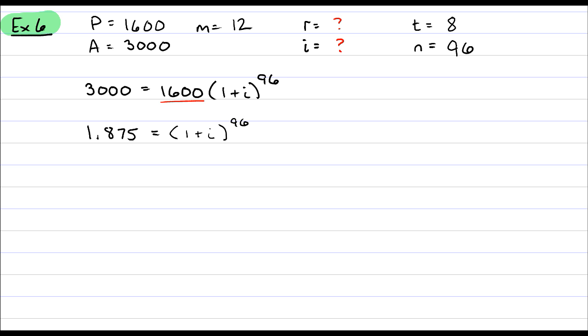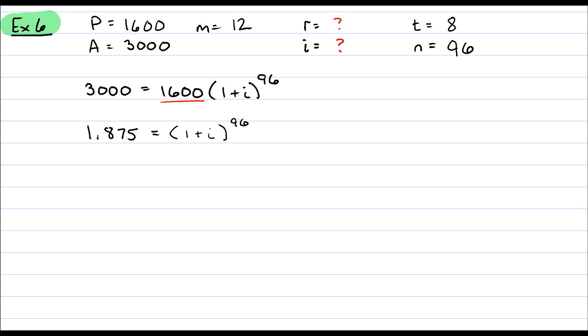Okay, so now I need to solve for I, which means I need to get it out from under this exponent of 96. So to solve this, I need to undo the 96th power, which basically means I need to take a 96th root.